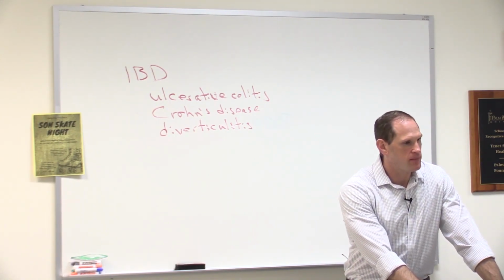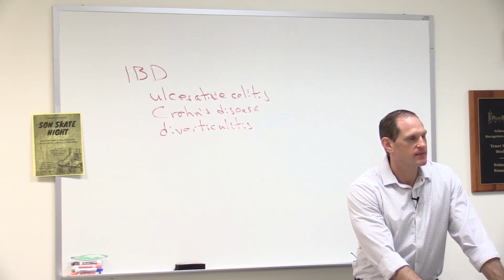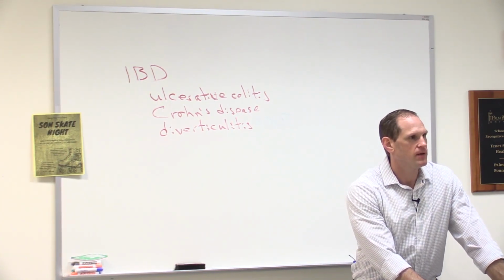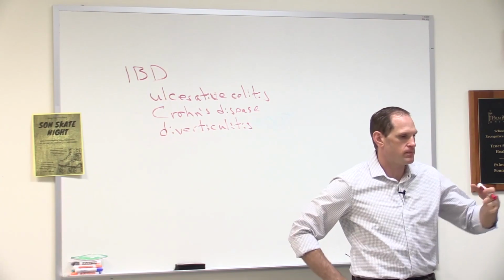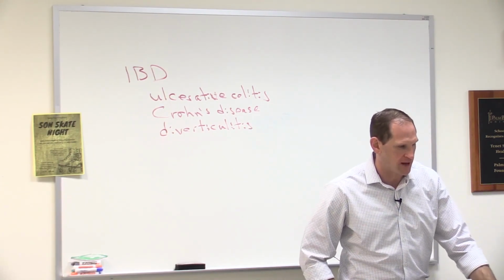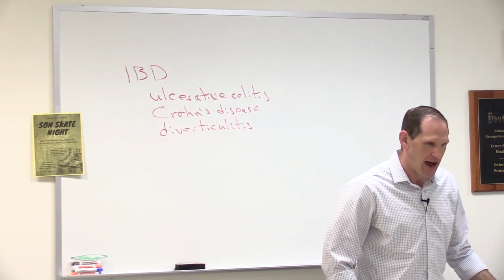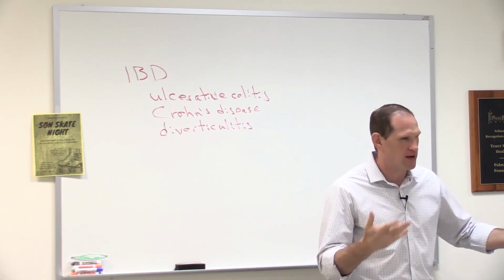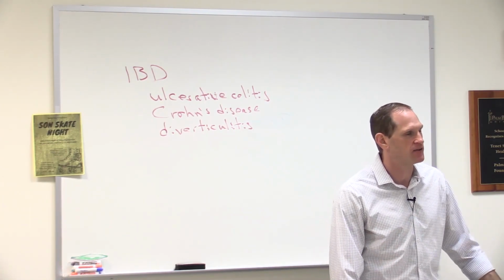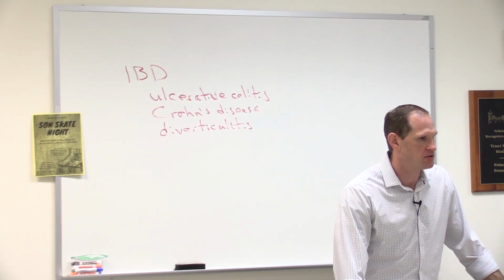Things that can trigger them include infections, stress, and food. So patients need to learn their triggers and then avoid them. Sometimes you'll meet a person who says, look, I can't handle this stress today because my ulcerative colitis is going to act up. And so they tend to avoid conflict or whatever it is that gets them stressed out. Learning which foods cause your trigger is also very important.